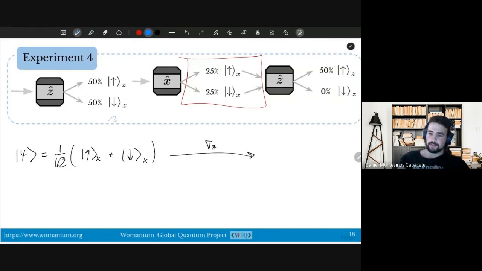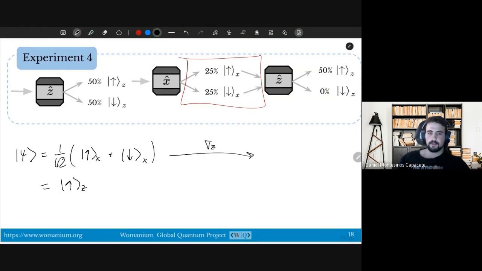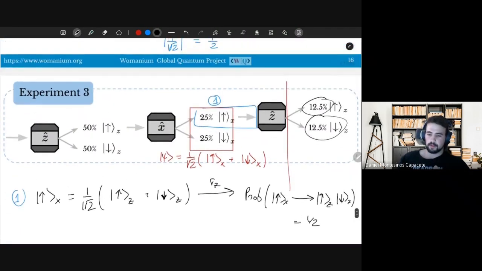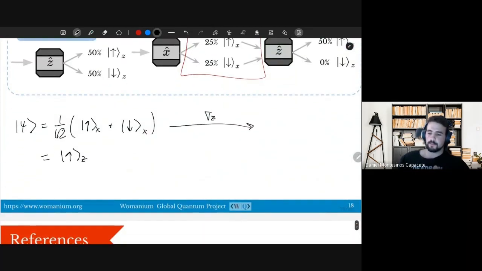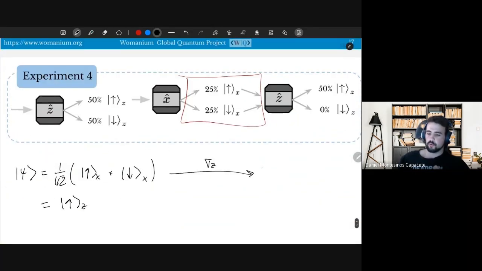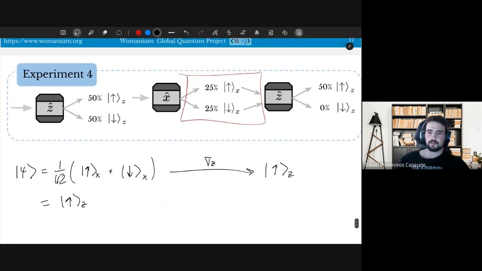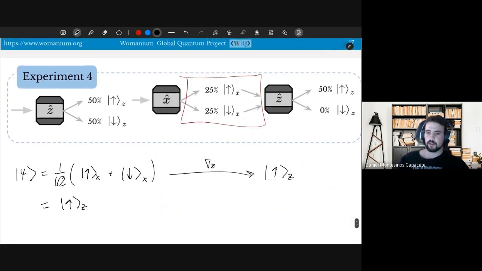But remember that this state is exactly the up state that we have written here as a point, remember? This is exactly the up state. So you get the up state for everything.